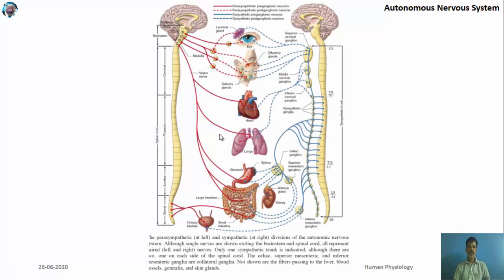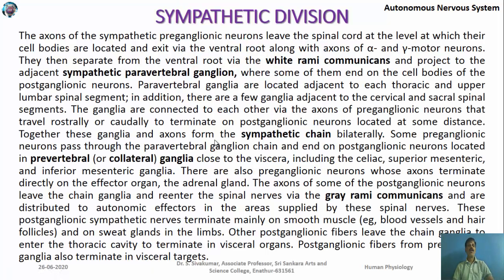So cervical, thoracic, lumbar and part of the sacral region contribute to the sympathetic nervous system. The cranial, brainstem part as well as the sacral part mainly contribute to the parasympathetic nervous system. So now we will see about the sympathetic divisions.